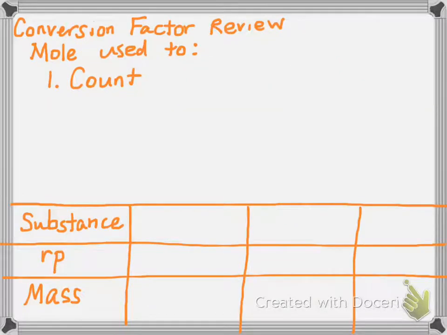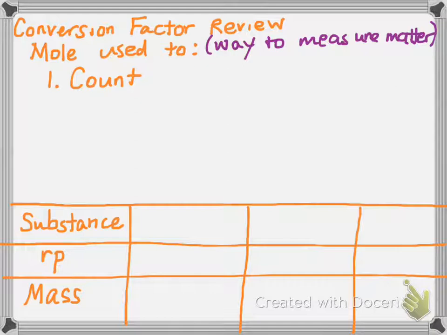So that being said, we just reviewed our conversion factors, but we'll go over this again. Remember, our mole can be used for 3 things. The first thing it can be used for is counting. When we talk about the mole, we're talking about a way to measure matter, and one of the ways we can measure matter is by counting.